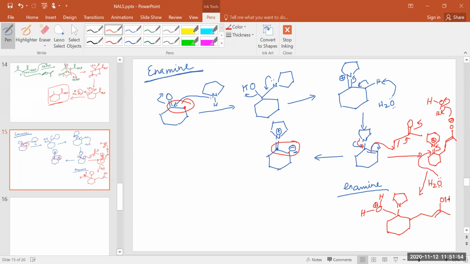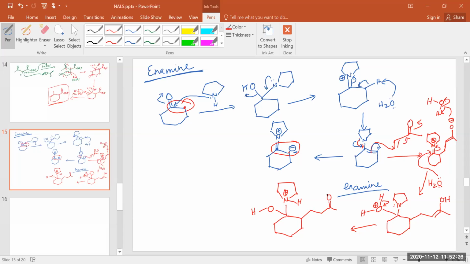So this one here will be gone, the deprotonation, and the nitrogen is very basic, it will be protonated. So what will form? This will form here like this. After the protonation of nitrogen, this is the positive charge, and you'll have OH and this.